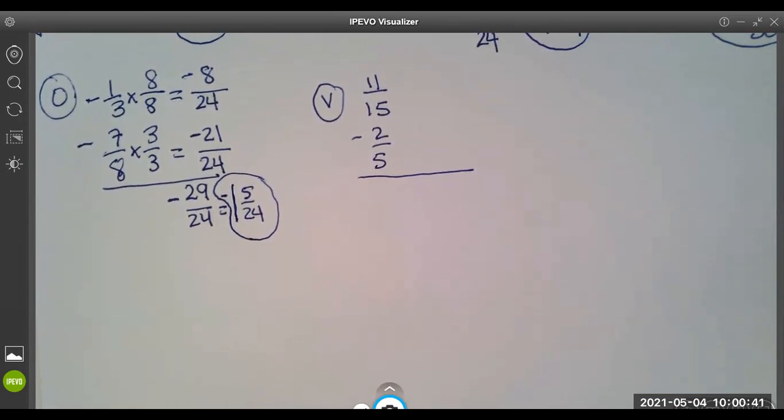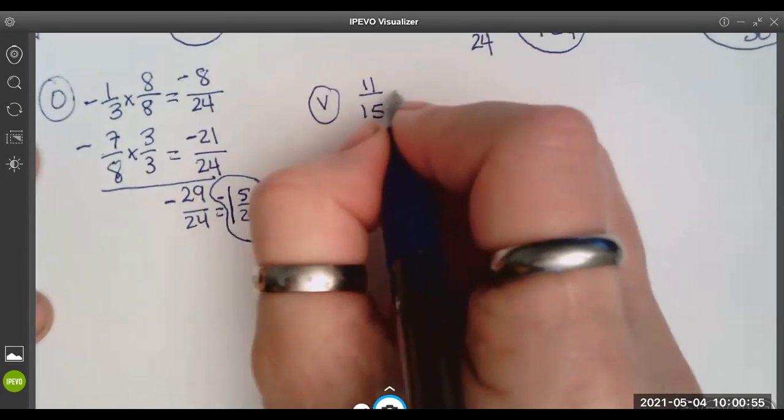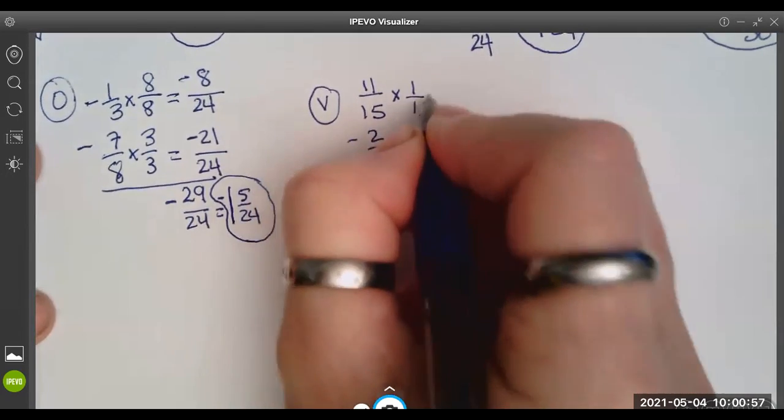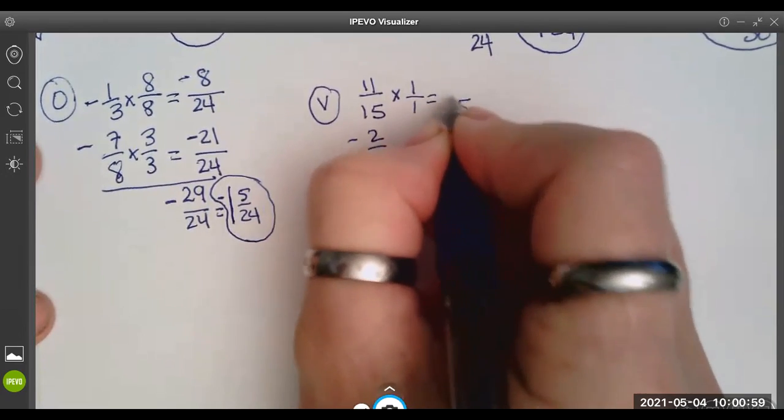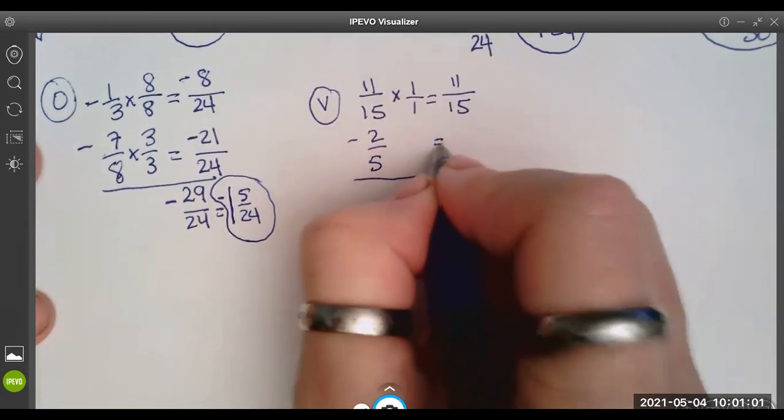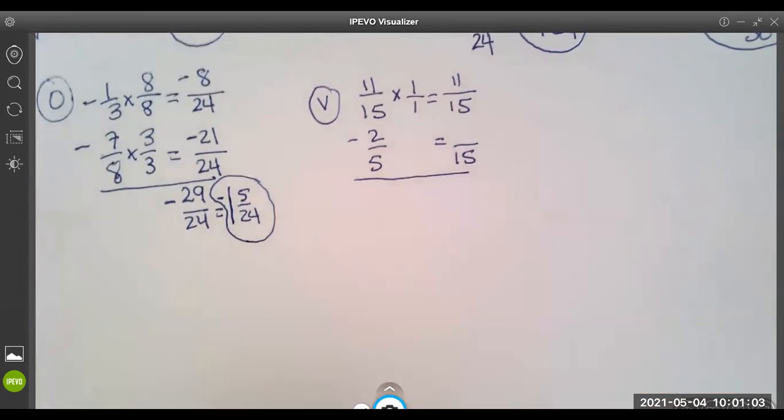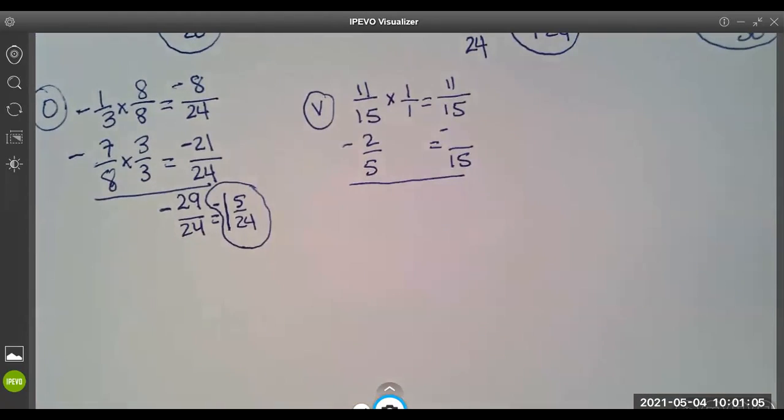Can the little one divide into the big one? Yes. So the big one is my target. It doesn't have to change. What do I have to do to the little one to turn it into the big one?